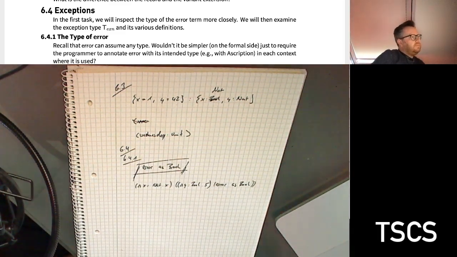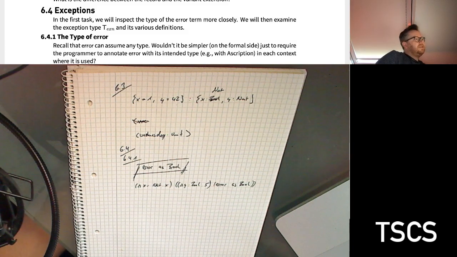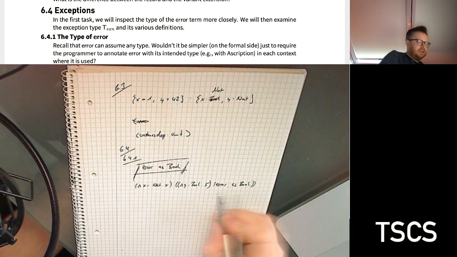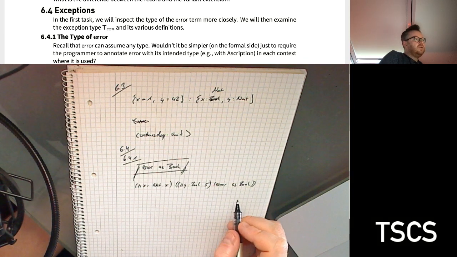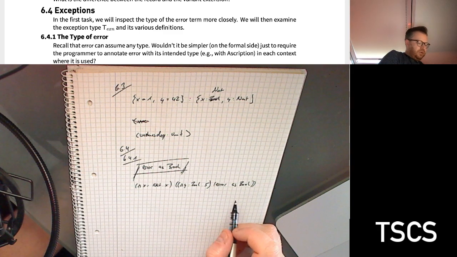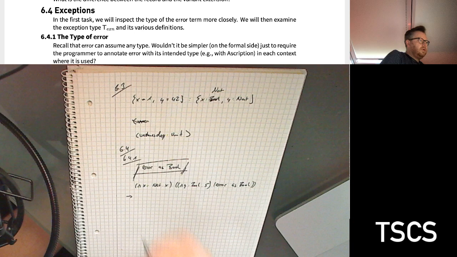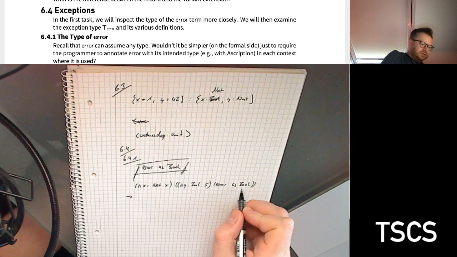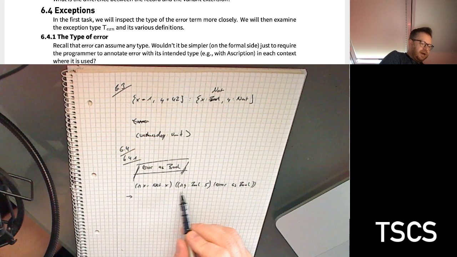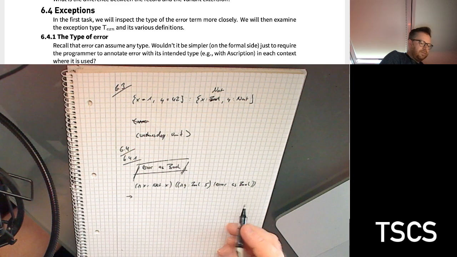So let's have a look. So error as T is the type annotated syntax for exceptions. This is what we have here. And if we would evaluate this, we would have something like this. So this would evaluate, of course, because you can apply, this is a Boolean, this is fine, and you can apply this function to this term here on the right side.